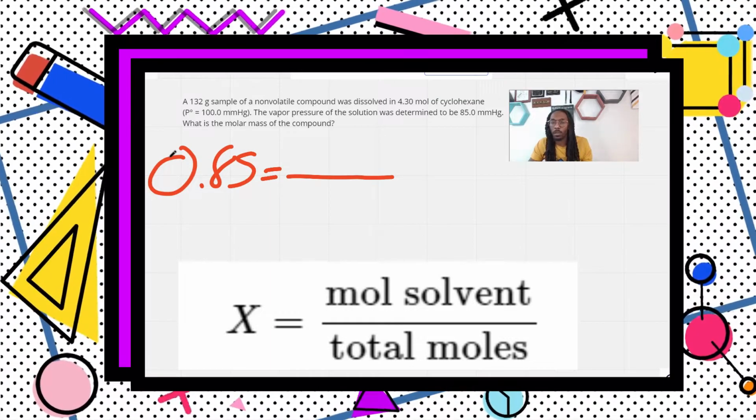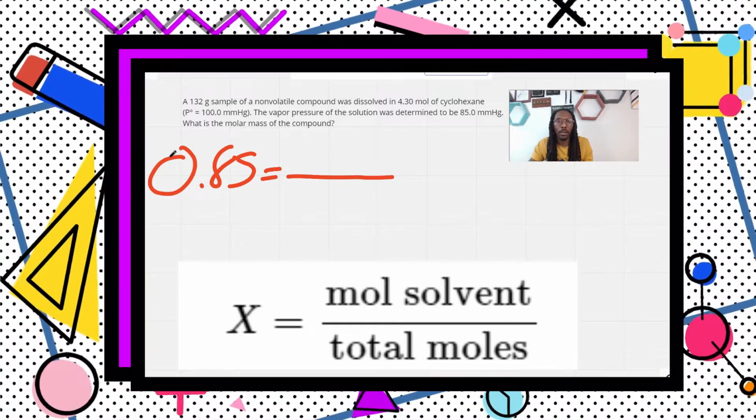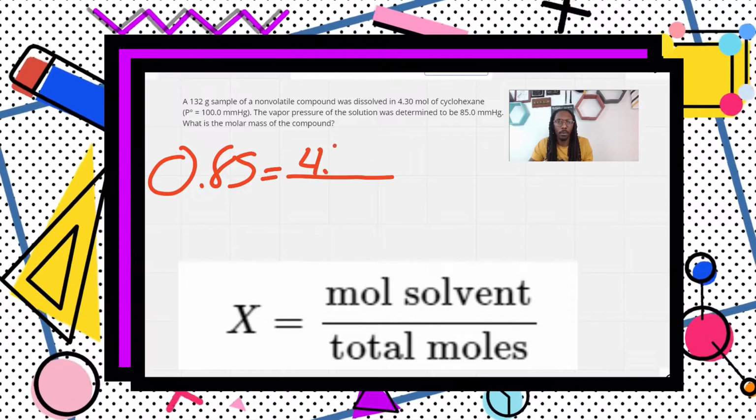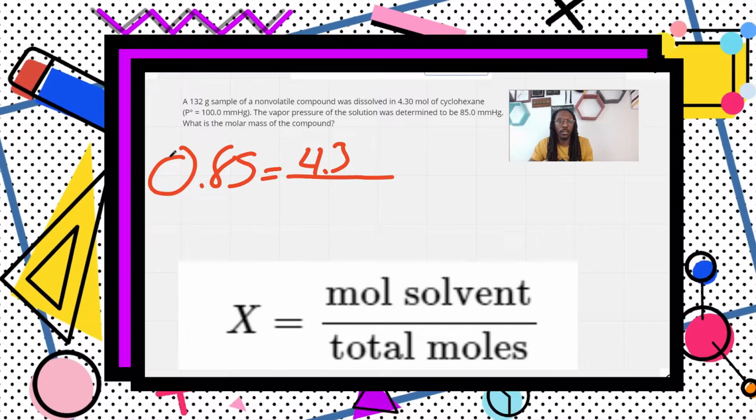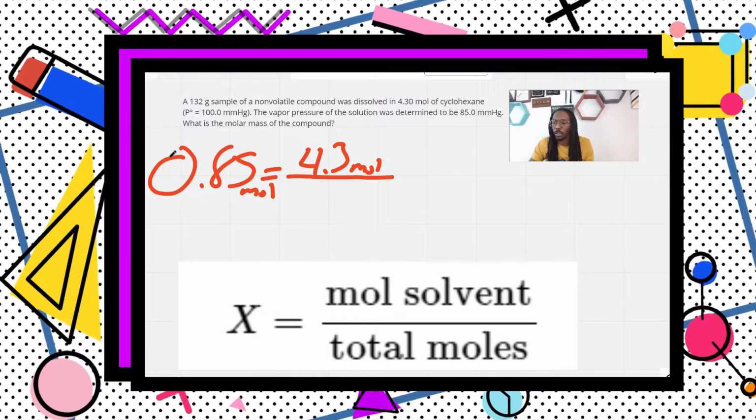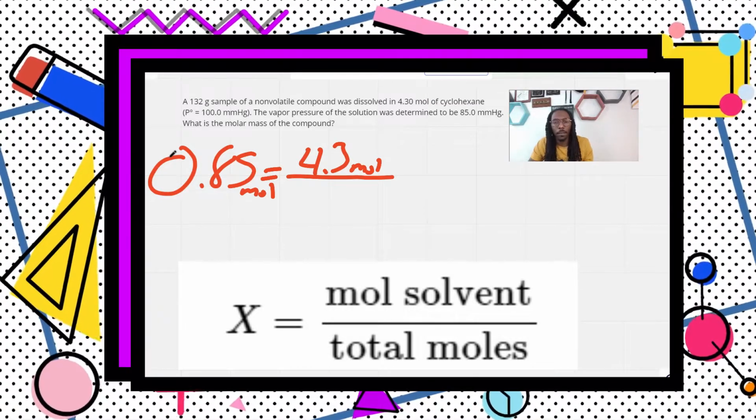In this case, we have 4.3 moles of cyclohexane, which we know is our solvent.